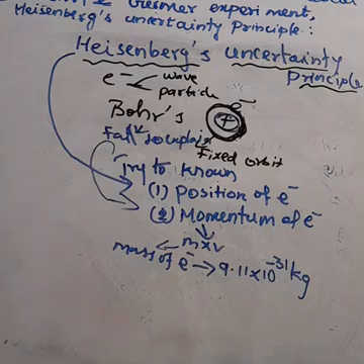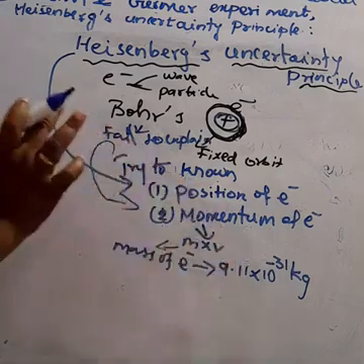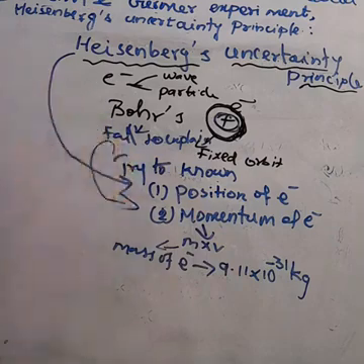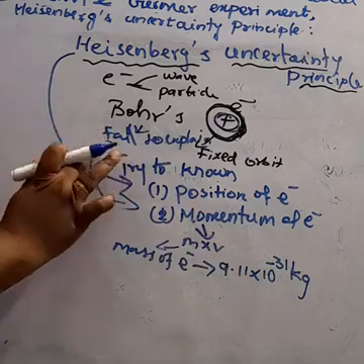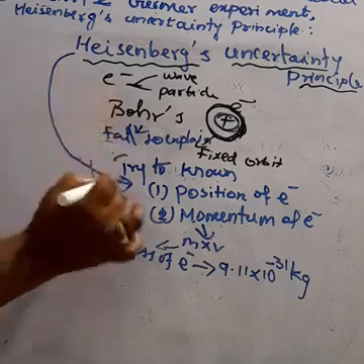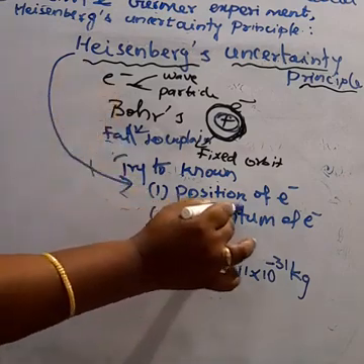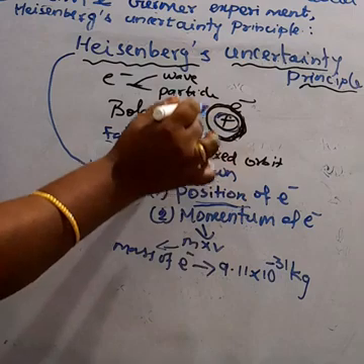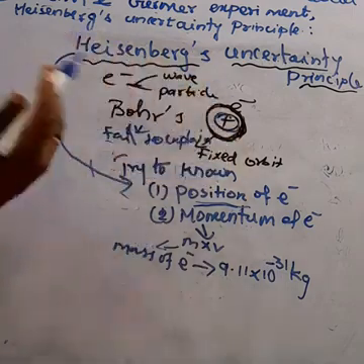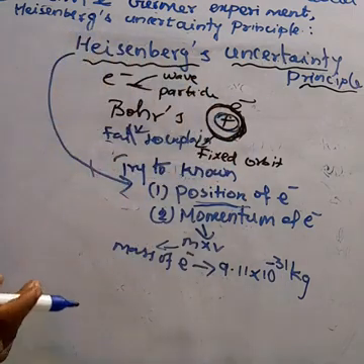Mass we know, so he tried to find out the velocity of the electron. Heisenberg tried to find out the position and the speed at which the electrons move.